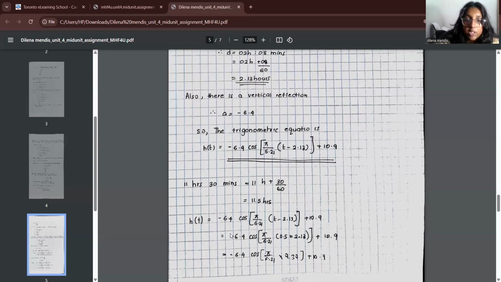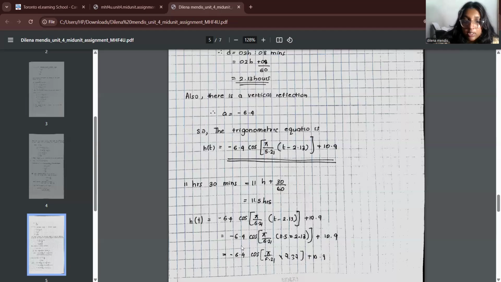So the trigonometric equation is h(t) equals minus 6.4 cos(π over 6.21 (t minus 2.13)) plus 10.9.